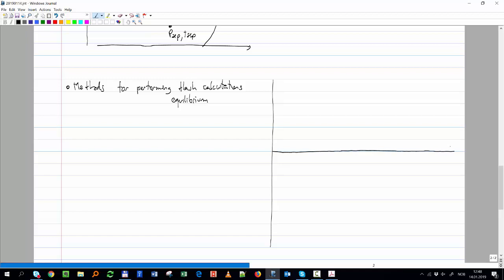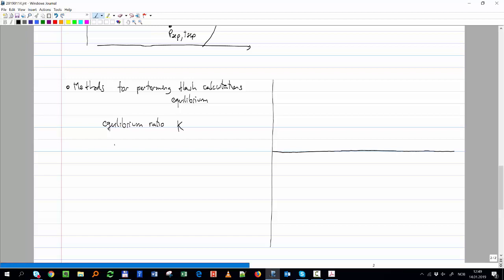They defined something that is called the equilibrium ratio, and the equilibrium ratio is defined by K.